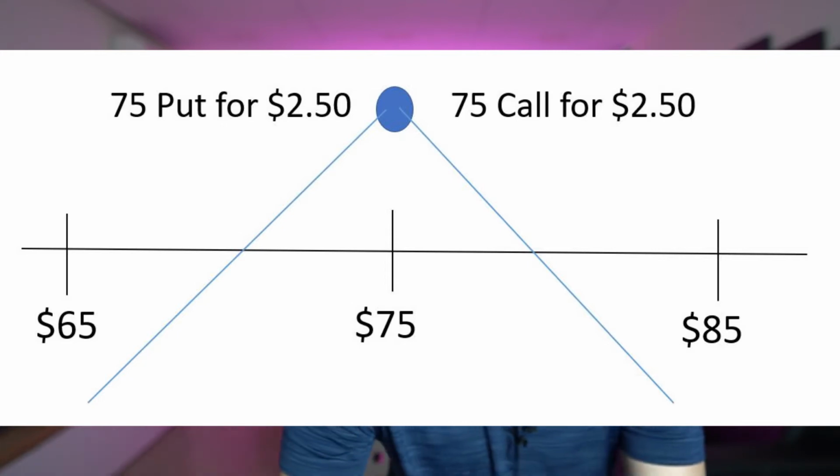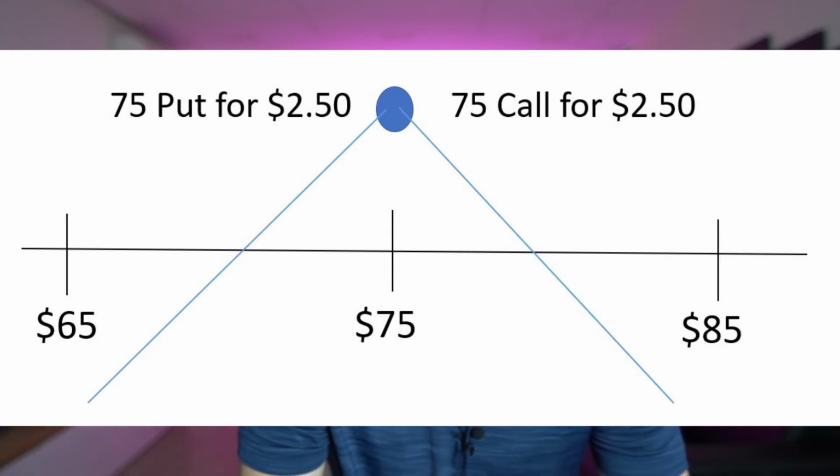And these little blue lines show that as long as the share price stays within a $5 range of $75, the current strike price and current share price, as long as it doesn't go too far, like $5 out, then this should be a profitable trade.